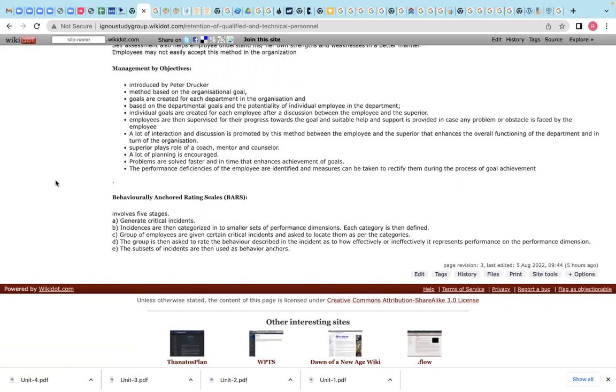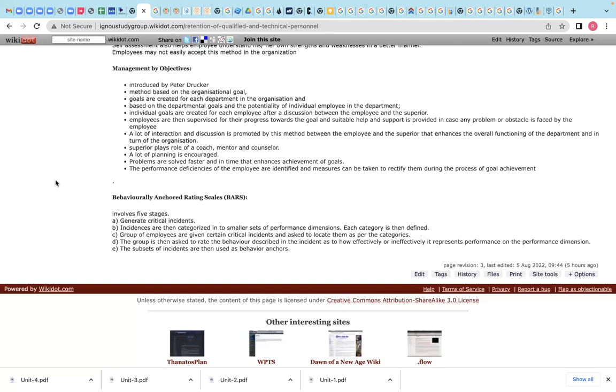Next is behaviorally anchored rating scales. What exactly is this, right? Here again, if you remember, we talked about critical analysis related stuff. There are two ways of capturing it: one is critical incident analysis and the other is repertory grid.